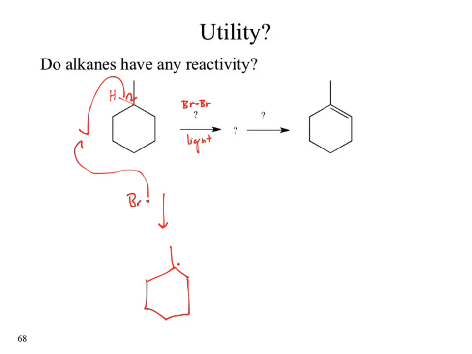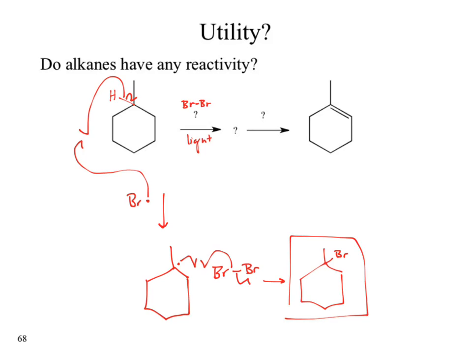That tertiary radical floats around in solution till eventually it encounters probably a second molecule of bromine, and I would end up with a new neutral product. That neutral product, does it have a polar bond? Yup. That is now this species.